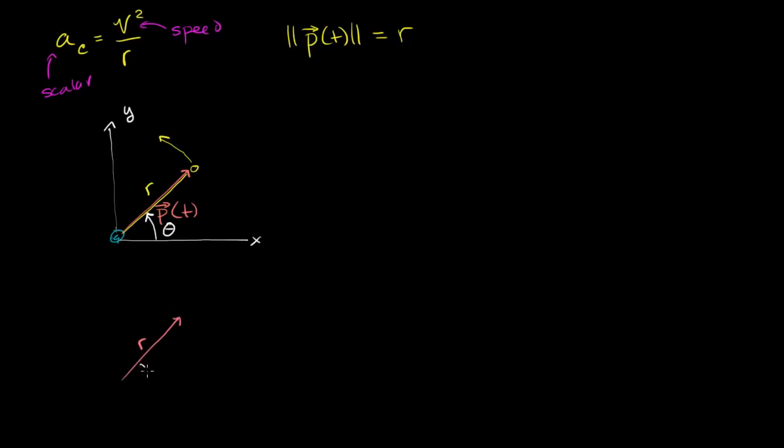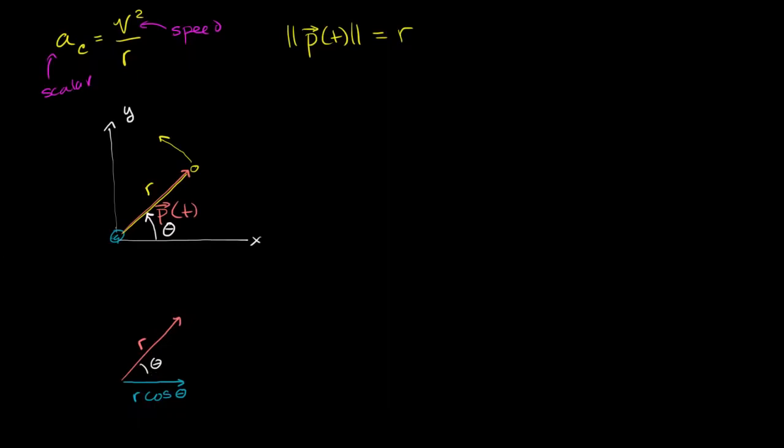This angle is theta right over here. Its x component, I'll do the x component in blue. Its x component, this vector right over here, the magnitude of its x component, I should say, is going to be r cosine of theta. We learned that this comes from basic trigonometry when we started, I think, in two-dimensional projectile motion. We saw how to break these vectors down into its components.